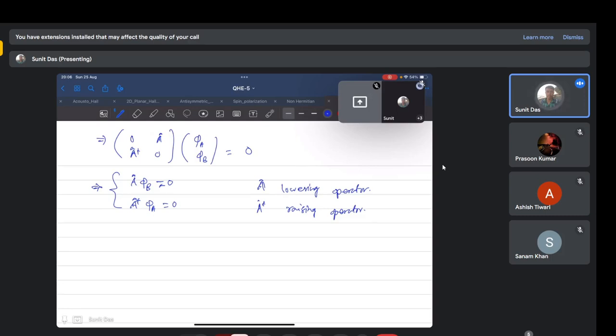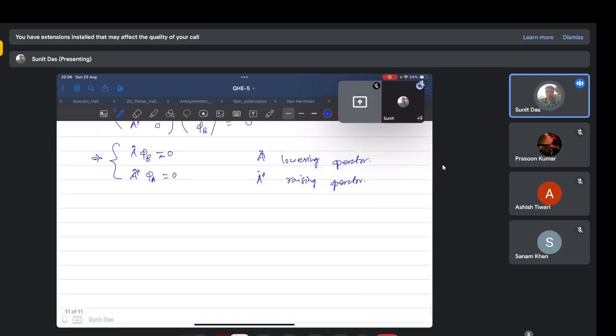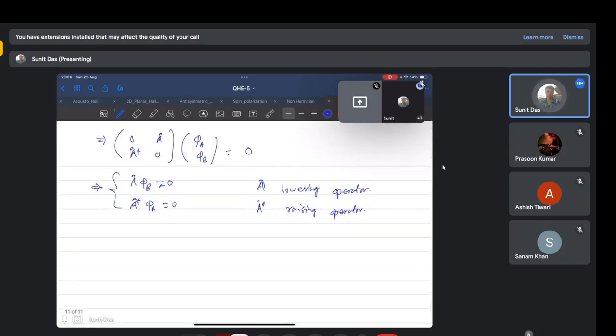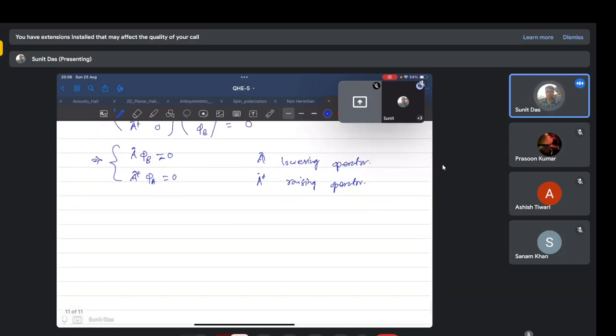Now we are searching for the ground state, which is the lowest energy, which is zero energy, right?